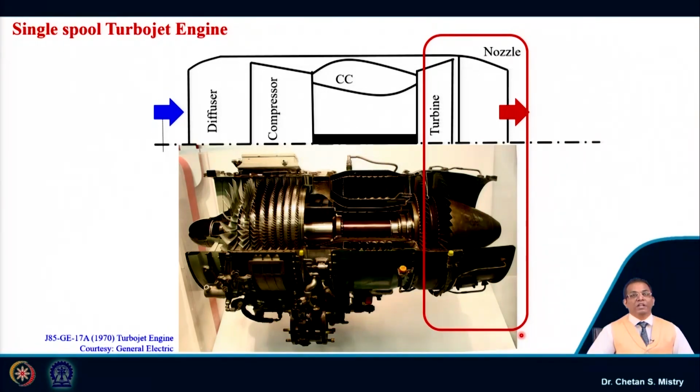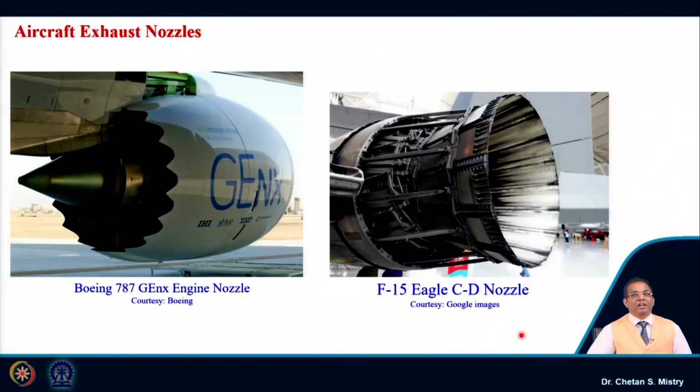Now, when we say nozzle, the idea will come of how this nozzle looks. Here, this is representing a GNX engine, where we have two nozzles. One nozzle is called the core engine nozzle, and the second is the fan exit nozzle, since this is a high bypass ratio engine.